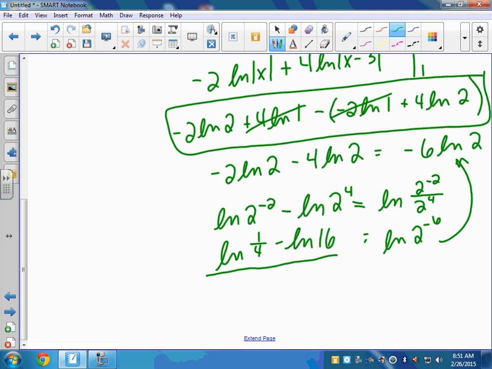On a multiple choice question, are they going to have it like that? Probably not. But they do some fancy simplifying sometimes with some of the multiple choice questions. So I just like to show you where this stuff is coming from, because you just want to be able to match up your answers with their answers. But any of these answers on an open-ended question would get you credit.